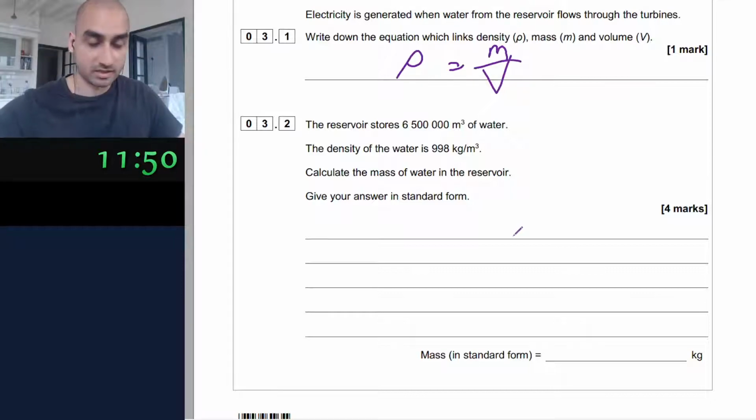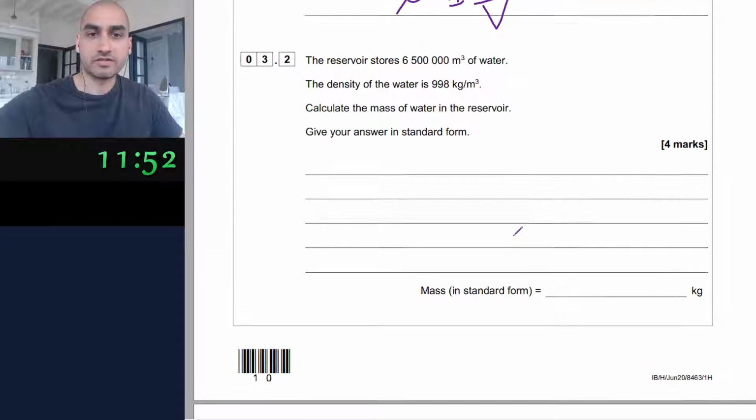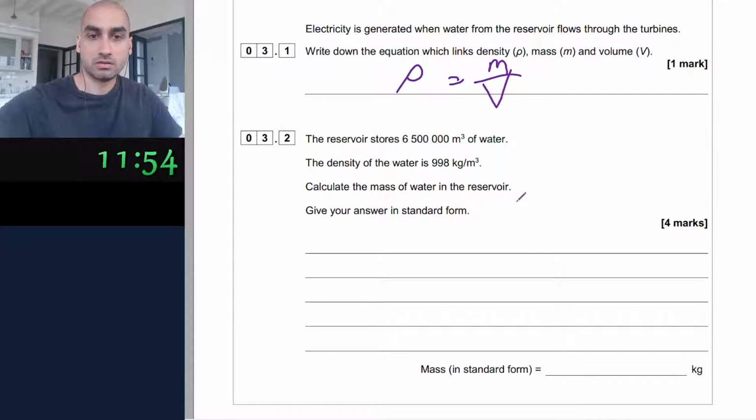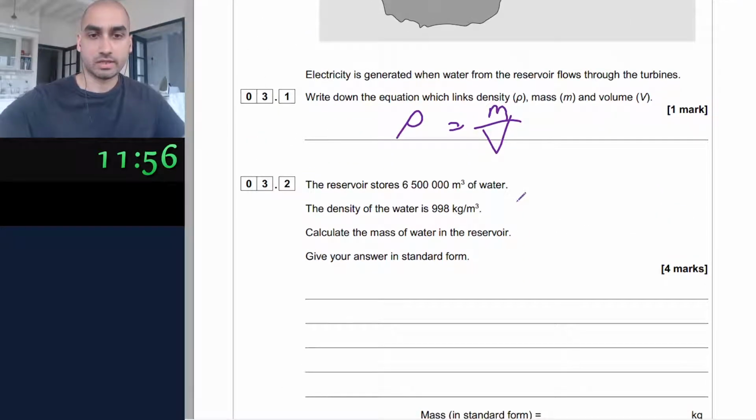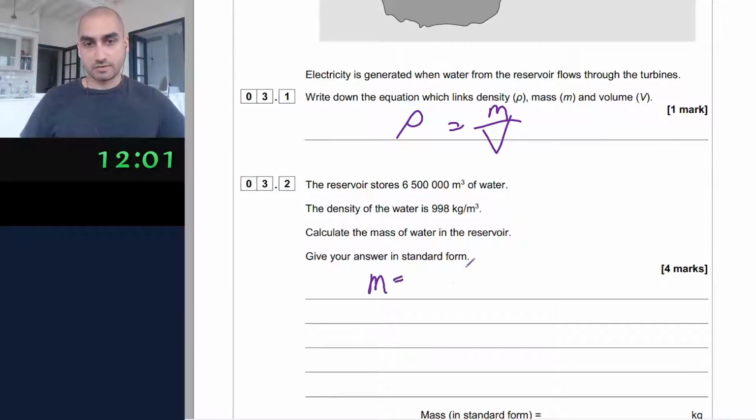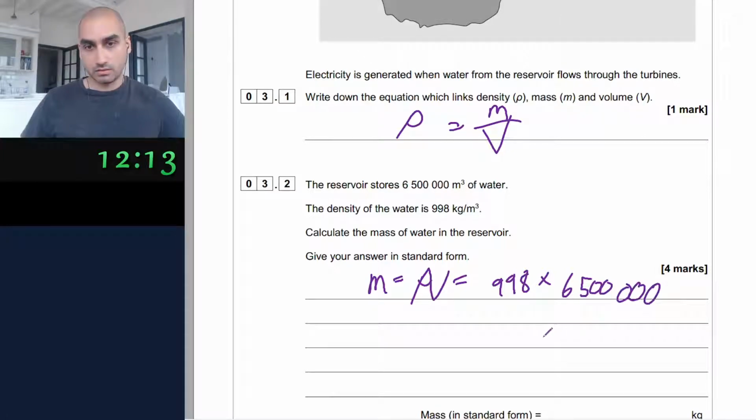Okay, the reservoir stores water, density of the water. So we want the mass. So mass equals rho V equals 998 times 6,500.